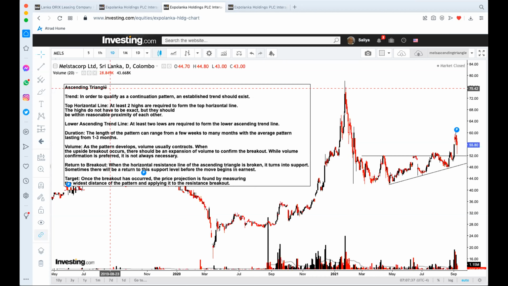And when we are joining the lows with a line, that is called the support line. So in a triangle pattern, you have the support and the resistance lines.